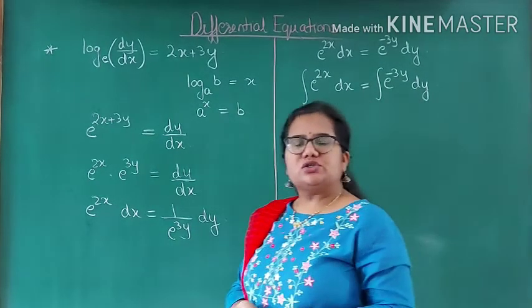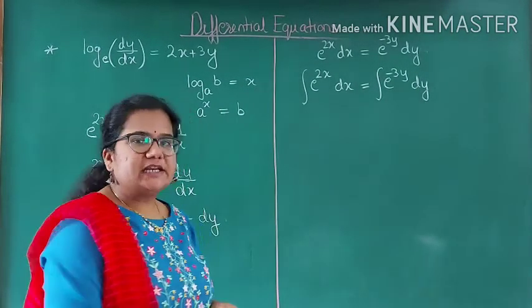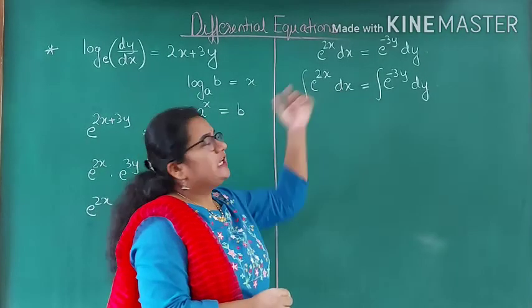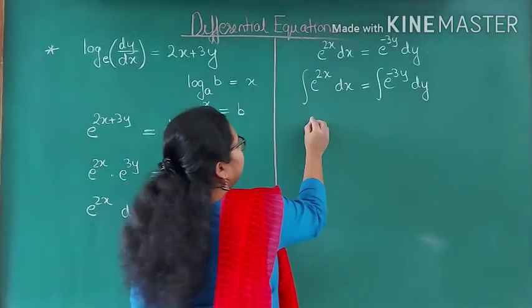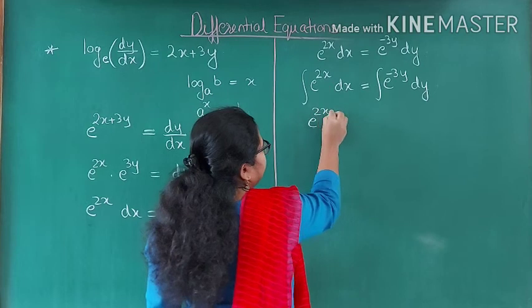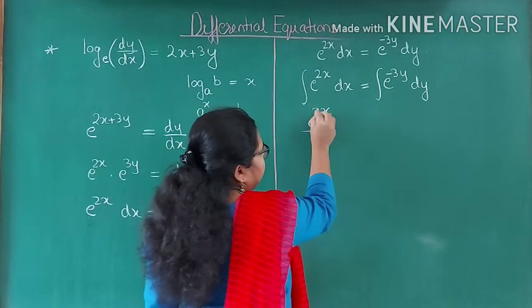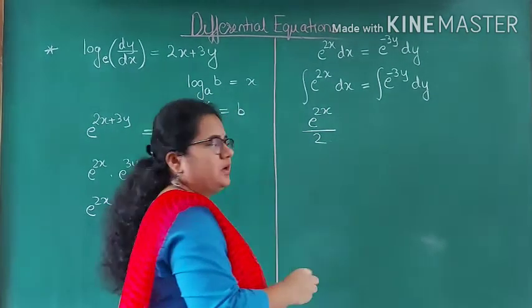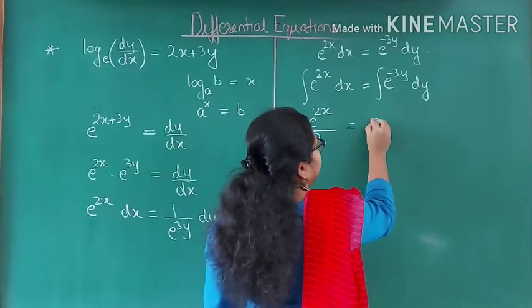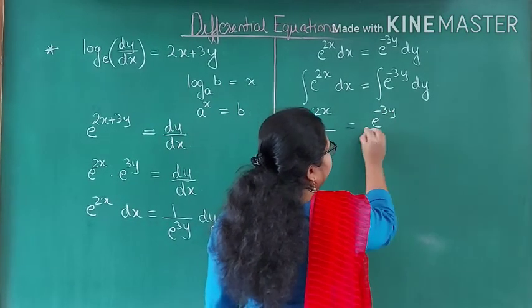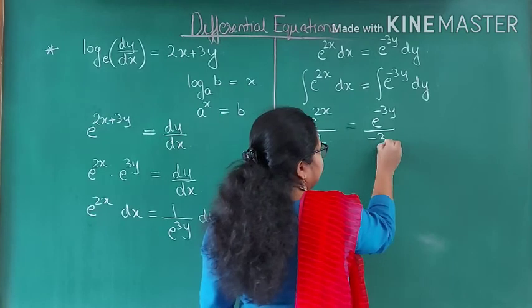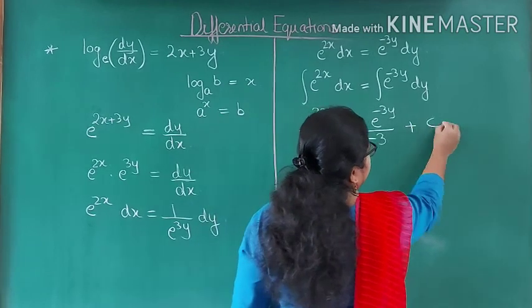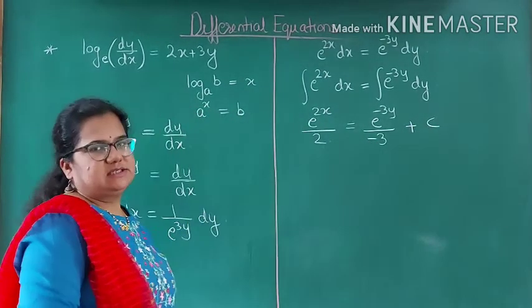What is the integration of e raised to x? It is e raised to x. Here you have e raised to 2x, so you have to divide by the coefficient of x, that is 2, is equal to e raised to minus 3y divided by the coefficient of y, minus 3, plus the integration constant c.